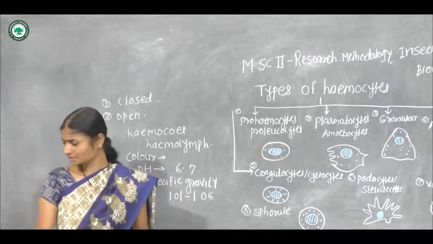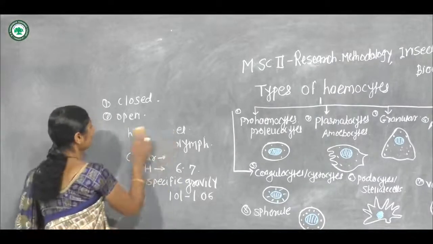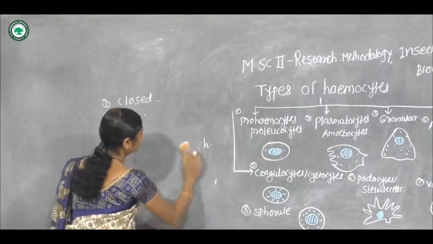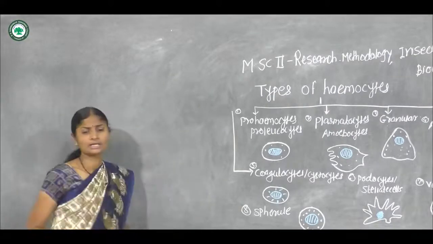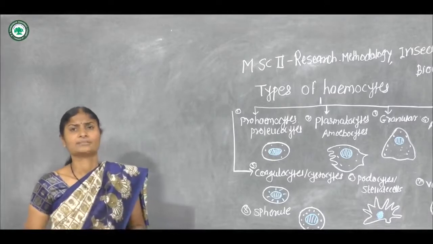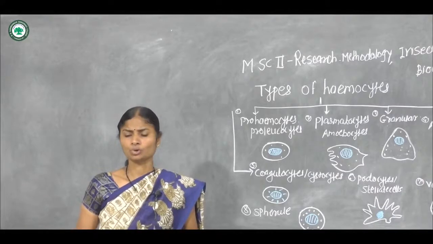Next point is the chemical composition of hemolymph. Hemolymph mainly consists of two components: the first one is plasma and the second is hemocytes.